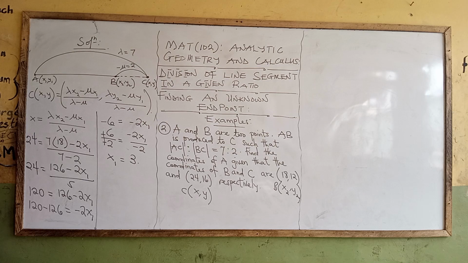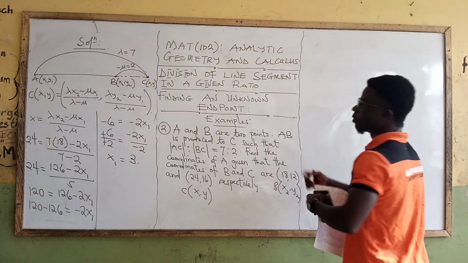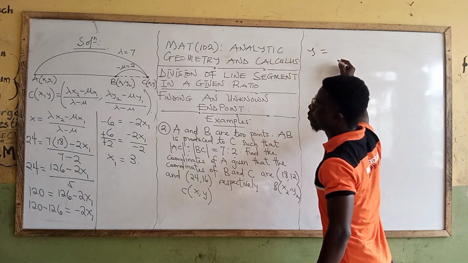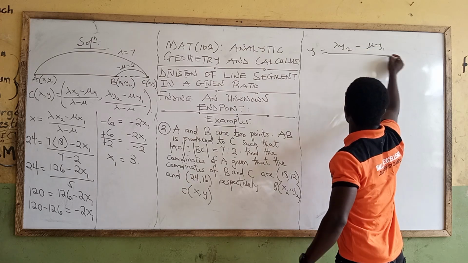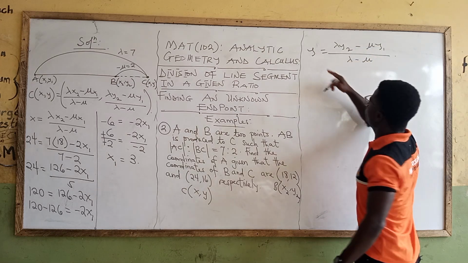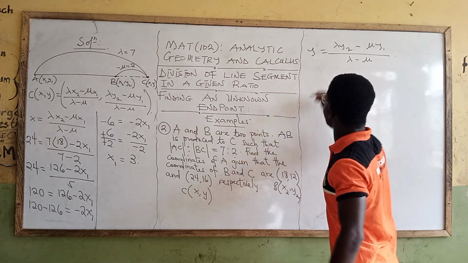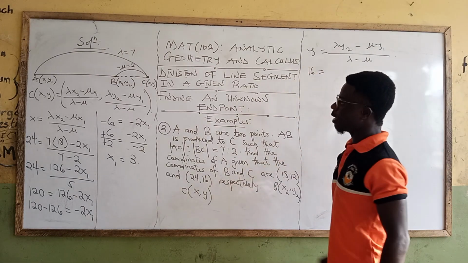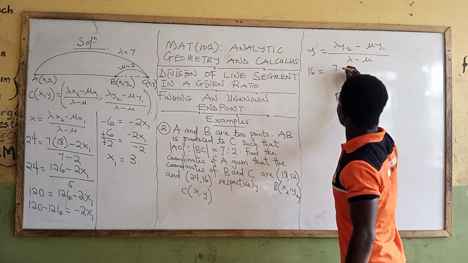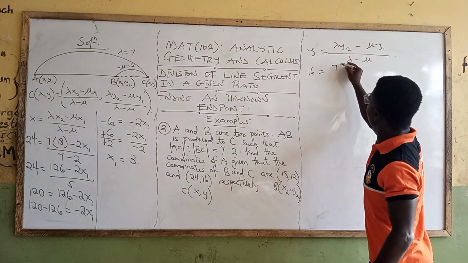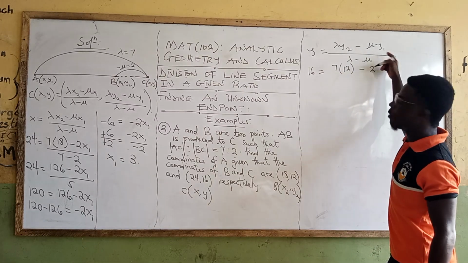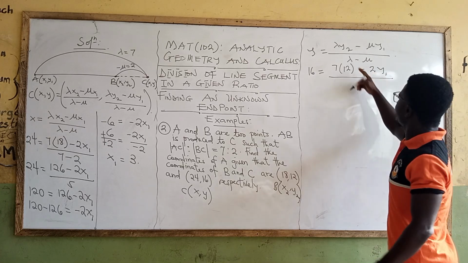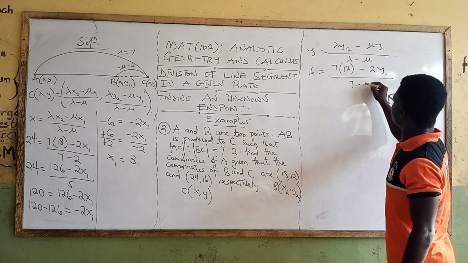So now let's see. For our y1, how do we get our y1? I said our y should be equal to lambda y2 minus mu y1 divided by lambda minus mu. So our y, which is 16, equals lambda, which is 7, times our y2, which is 12, minus our mu, which is 2, times our y1, we do not know, divided by lambda, which is 7, minus mu, which is 2.